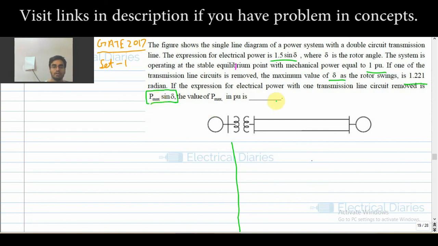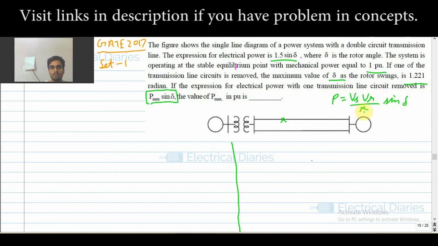One thing is very much clear: initially the power was transferred using both the lines, and later the power is only transferred using one line. So in the next case, when one of the lines is removed, your power transferred will be less. How? You can analyze this using this expression.